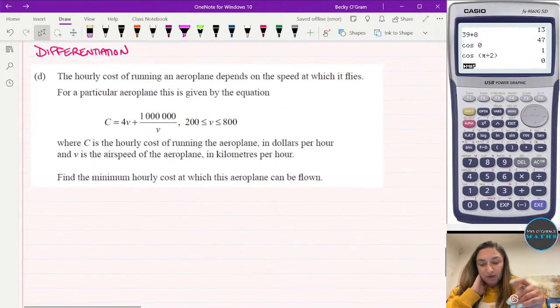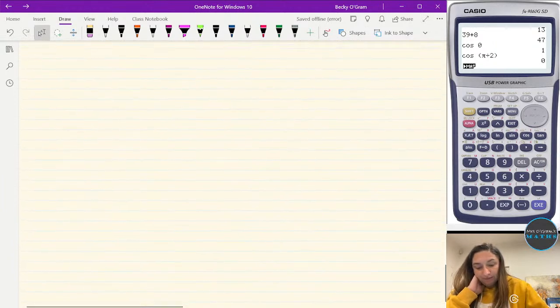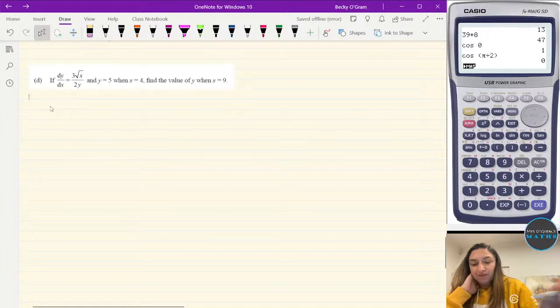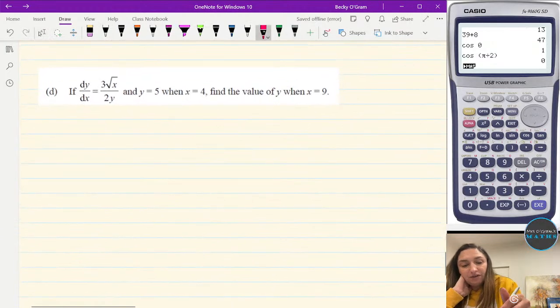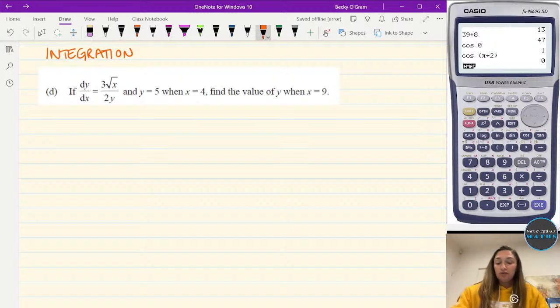Okay, and then an integration one. Let's grab that. Oh, I like the look of this one. Okay, so here's the integration one. And I'll see you tomorrow to have a go at those.